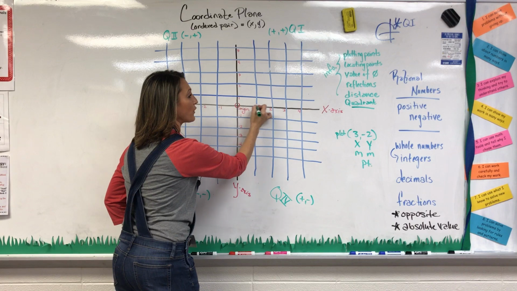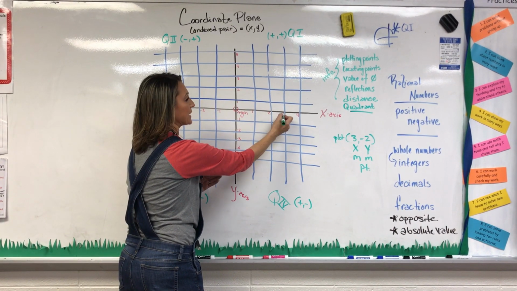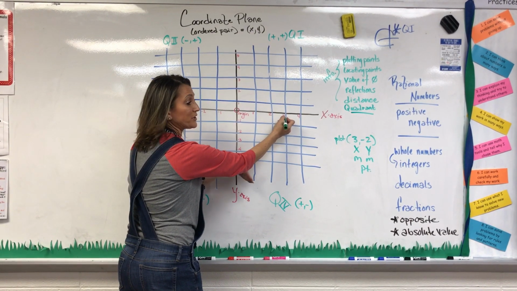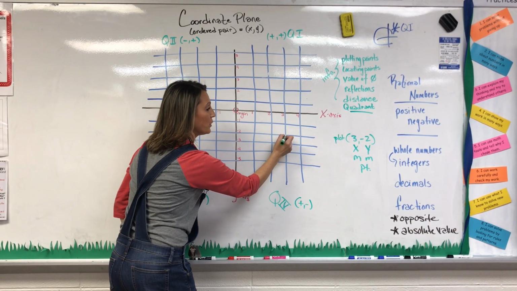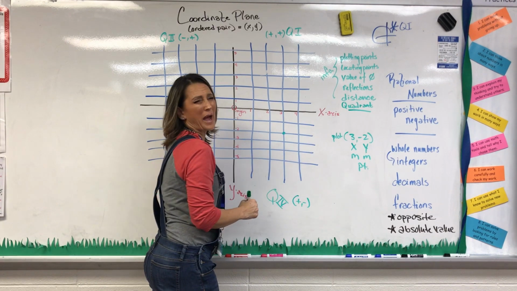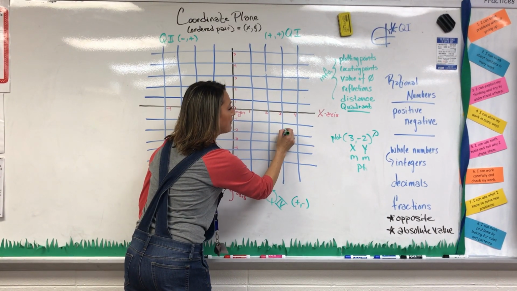I'm going to go over to the 3, and that's to my right because it's positive, and then I need to go negative 2. So I'm going to go up or down. Well, since it's a negative, I'm going to go down the Y, 2, and right here is where I will plot my point. And I'm going to call that point P for Mrs. P. So that's my label for that point.